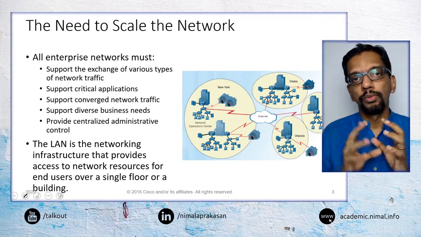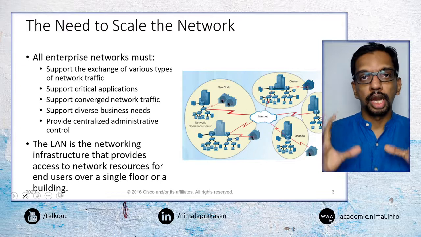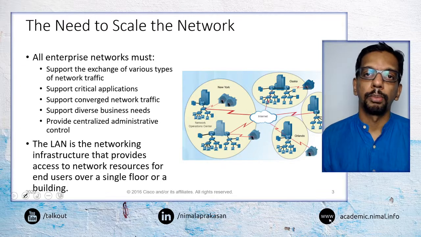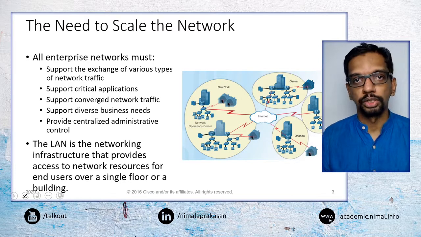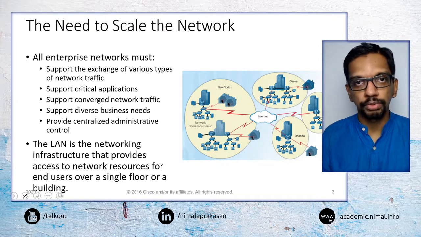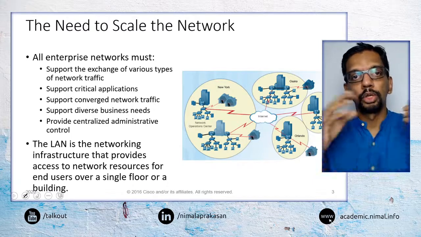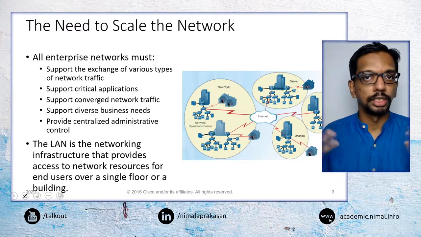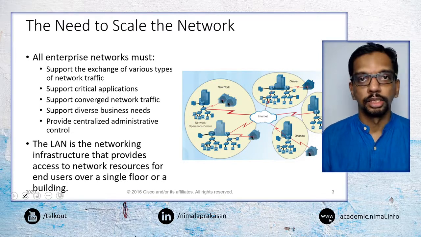So now, when we think about this type of large enterprise environment, the type of traffic that needs to be supported is going to be much more diverse. It's not just going to be web traffic. It's not just going to be a single type of traffic. It is going to be a variety of different applications, services, and so on that are being used inside such an organizational environment.